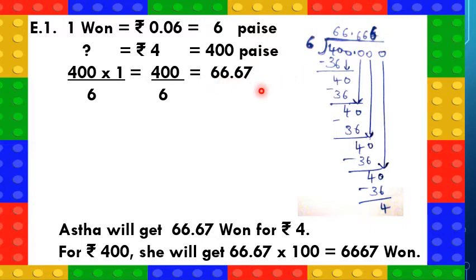So Astha will get 66.67 won for rupees 4. For rupees 400, which is 100 times 4, she will get 66.67 multiplied by 100, that is 6,667 won.